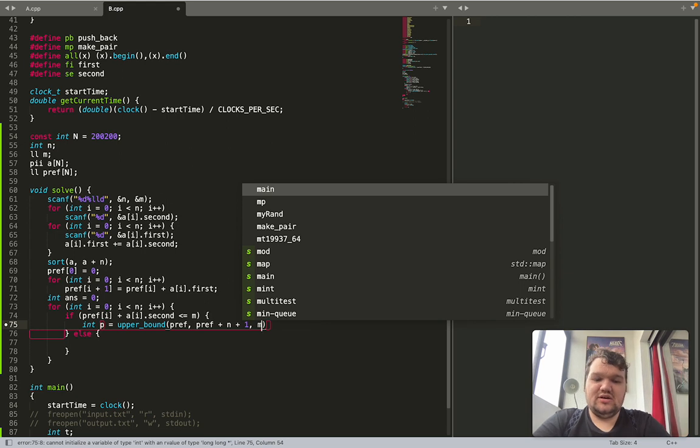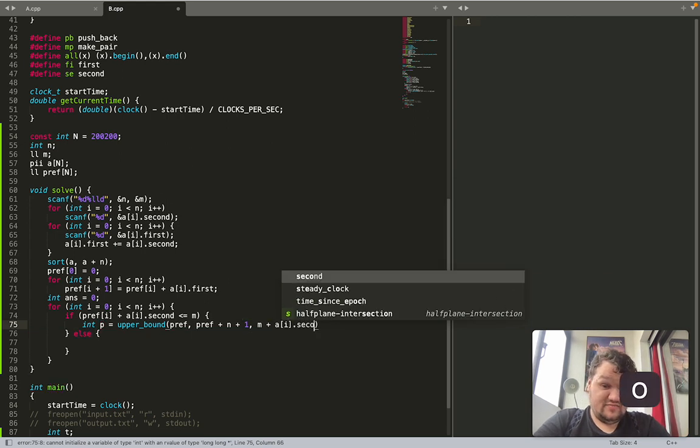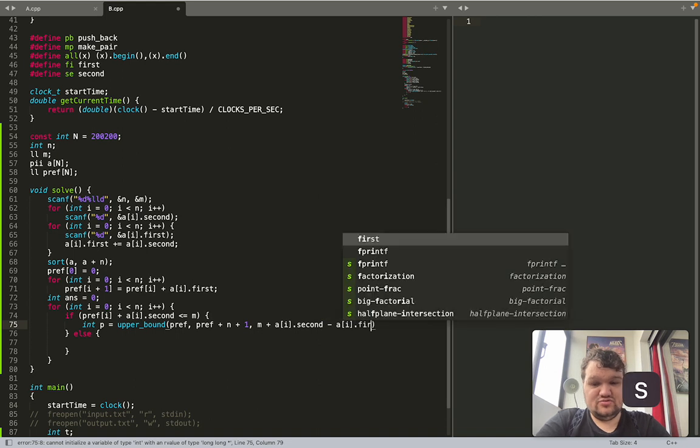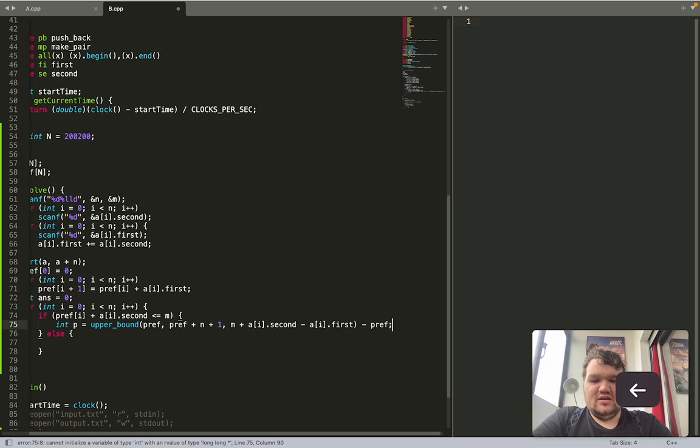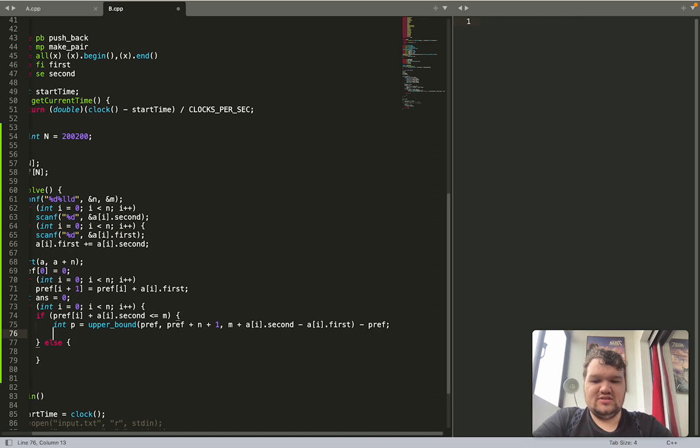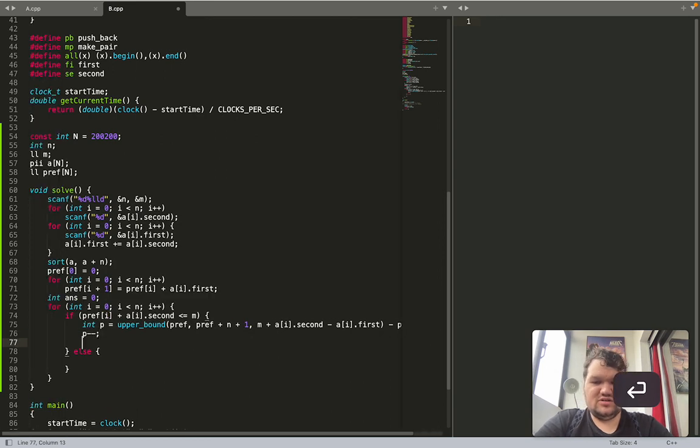So if I'm not mistaken, I think it should be like this. So it should be strictly greater than this, so we do p minus minus and update the answer.